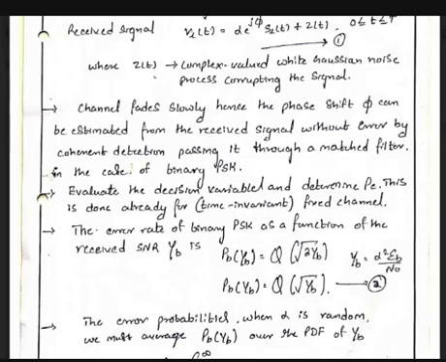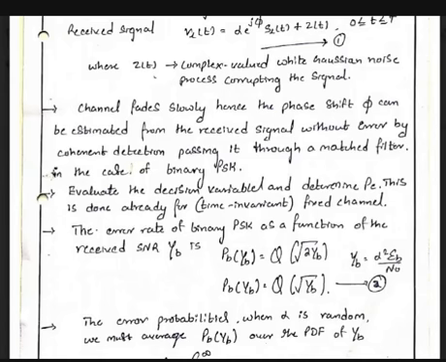That means the receiver is aware of what kind of signal is going to be transmitted from the transmitter, passing through a matched filter, in the case of binary PSK. We are trying to determine the probability of error, and this is done for a fixed channel, remember.